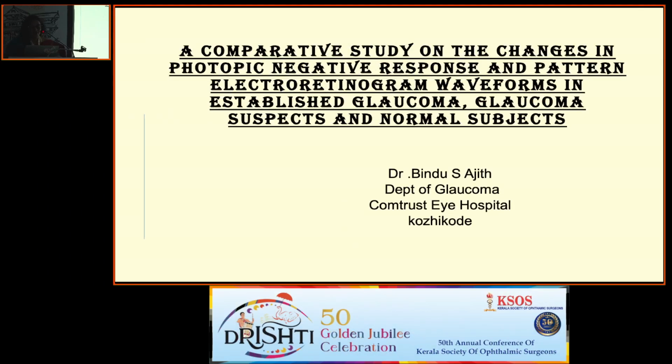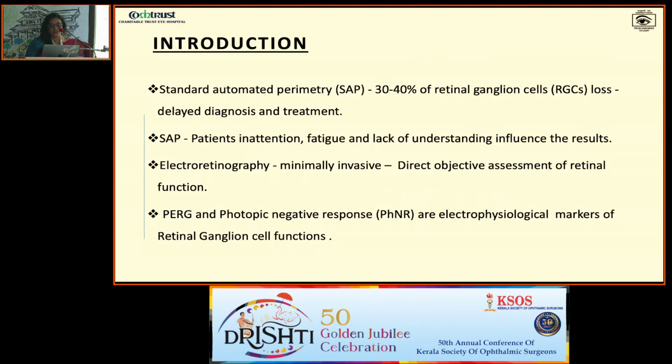Good morning. My study is a comparative study on the changes in photopic negative response and pattern electroretinogram waveforms in established glaucoma, glaucoma suspects, and normal subjects. As we all know, standard automated perimetry detects changes only after 30 to 40% of retinal ganglion cell loss, and it is also influenced by patient inattention, fatigue, and lack of understanding.